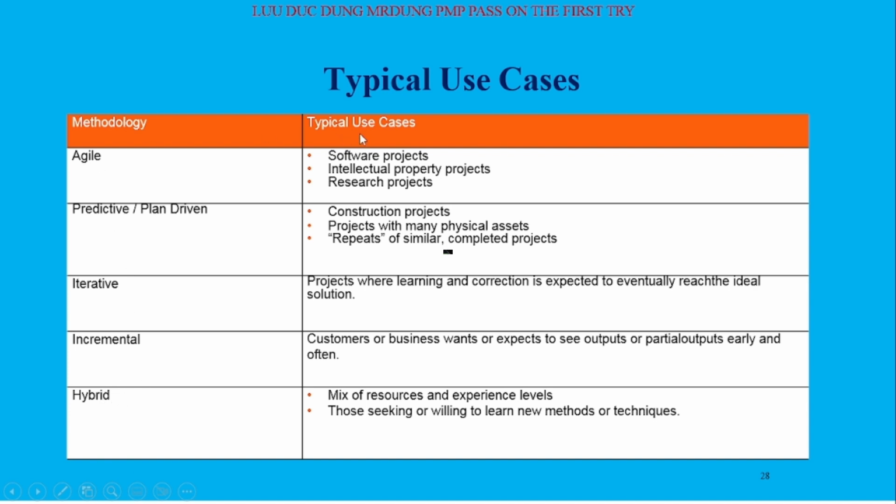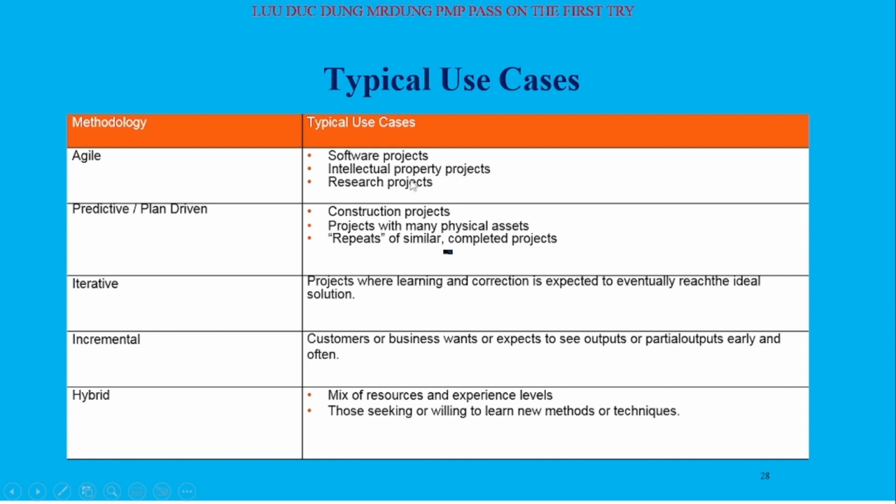Agile is used for software projects, intellectual property projects, research projects. Predictive can be used in construction projects with many visible assets, similar to a completed project. We already know the result, so we can use the predictive, plan-driven or traditional method.